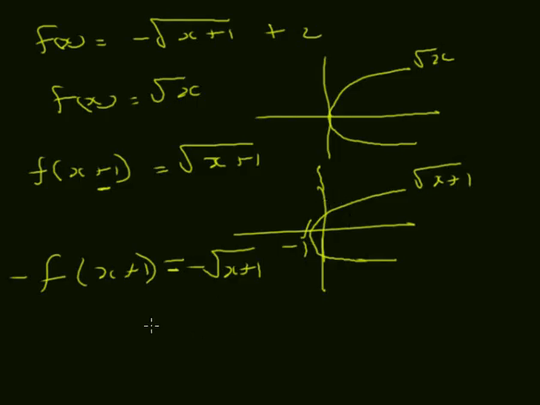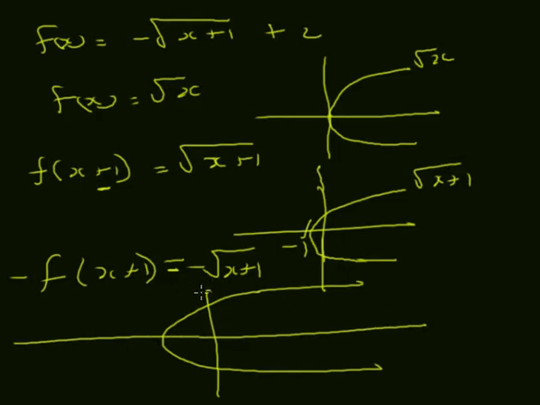If it's a reflection about the x-axis, I'll get the same graph, minus square root of x plus 1, because this point will be reflected there, this point will be reflected there, and so on. I'm reflecting about the x-axis.